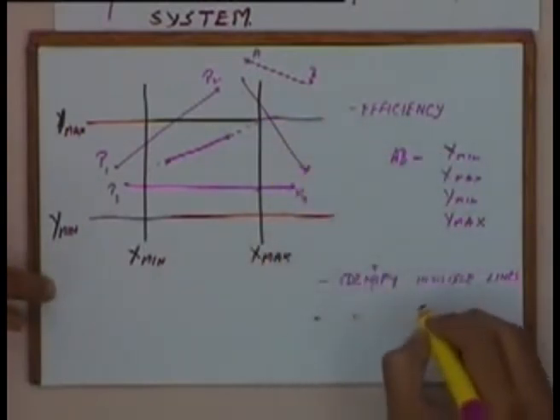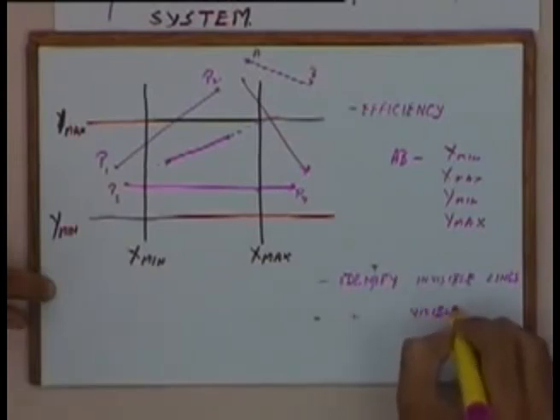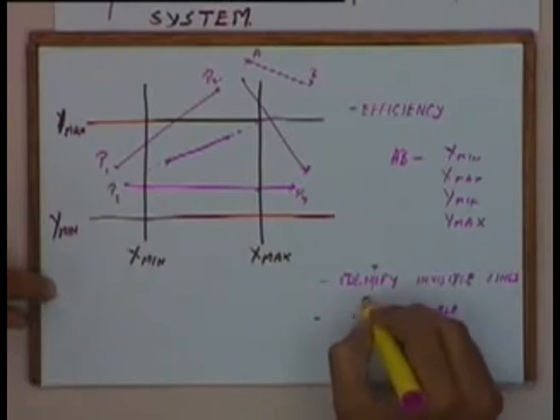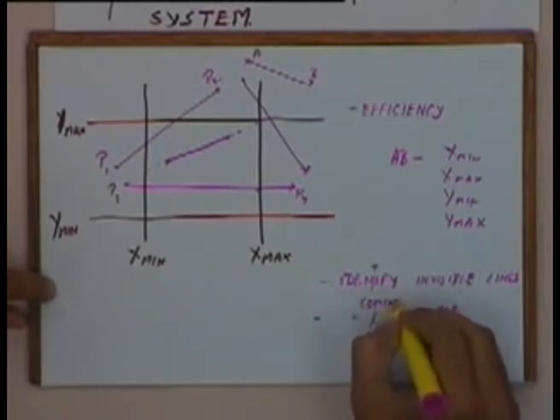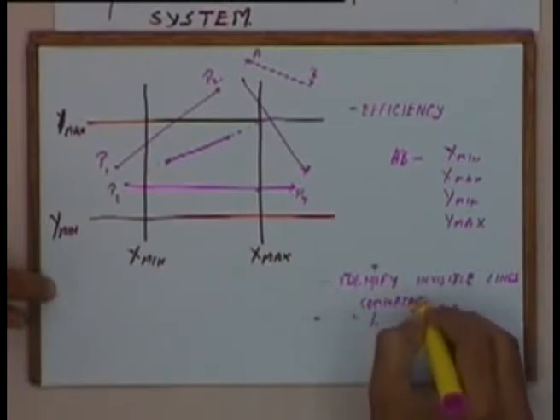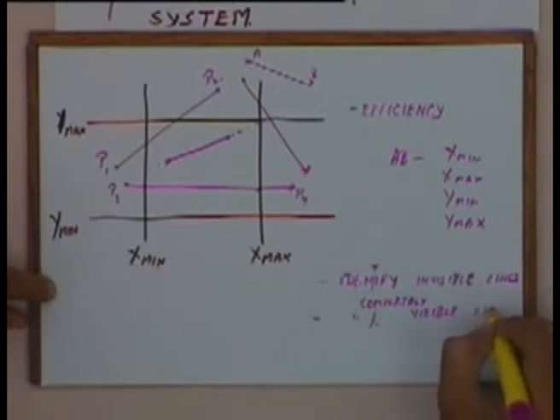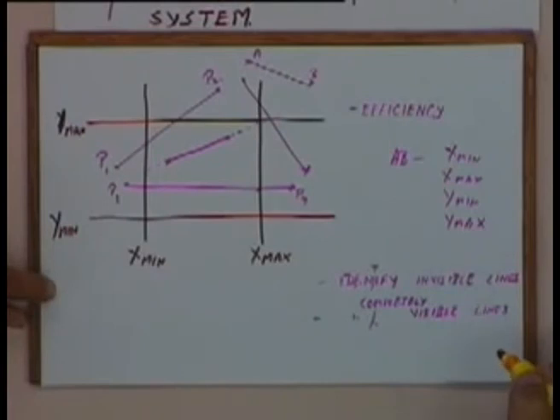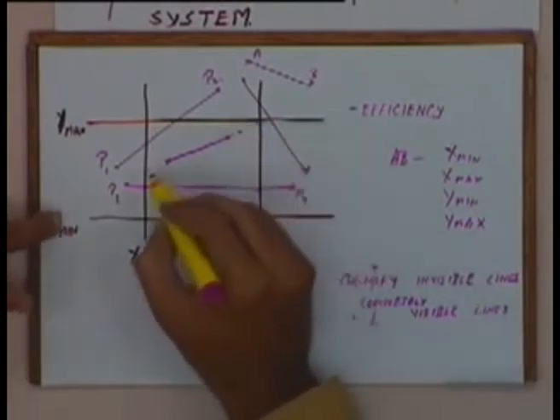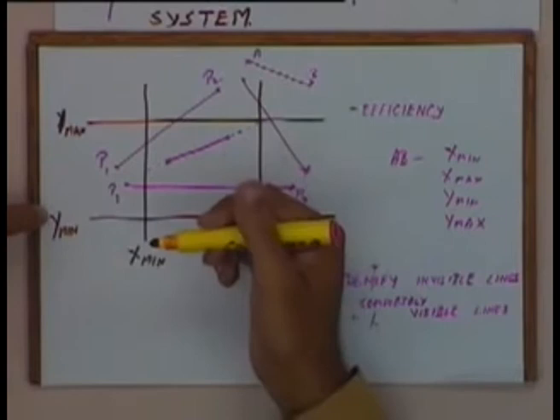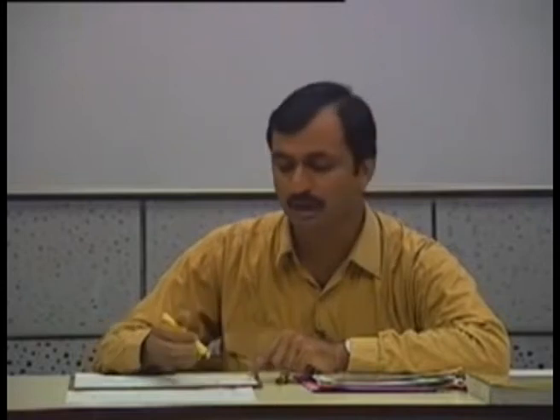So I will again try to identify completely visible lines. And only for lines which are partially visible, lines which are partially inside the window and partially outside, we should try to find out the intersections with the edges of the window.